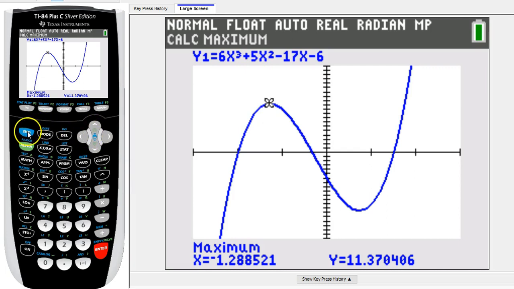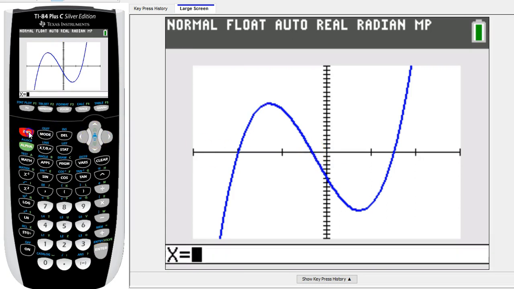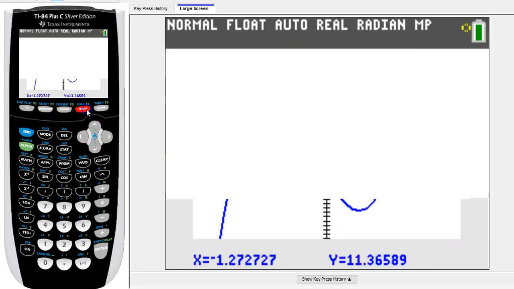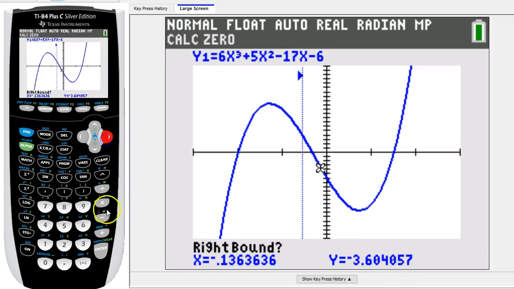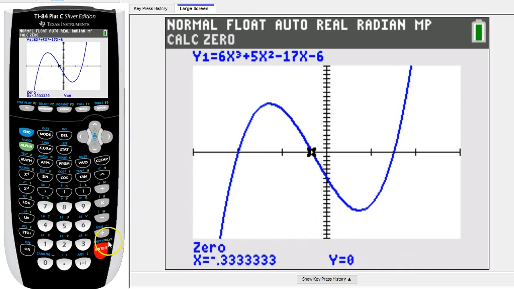Or if you need help, you can watch. So first I'm going to find that 0 right there. Okay, so that 0 is at negative 0.33, or 1/3.